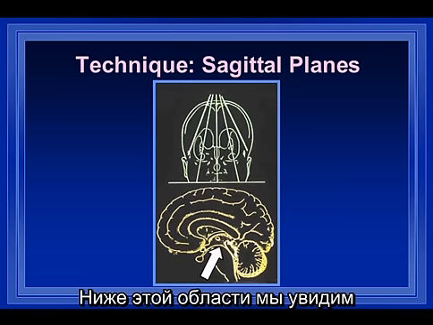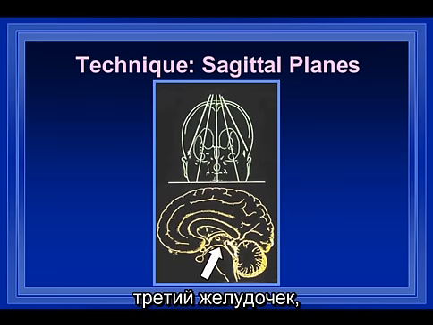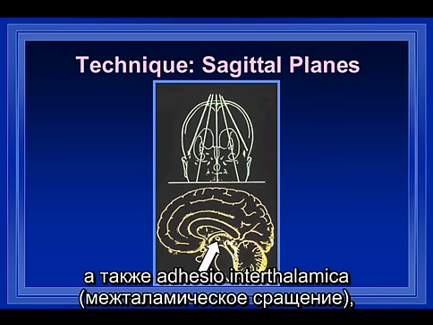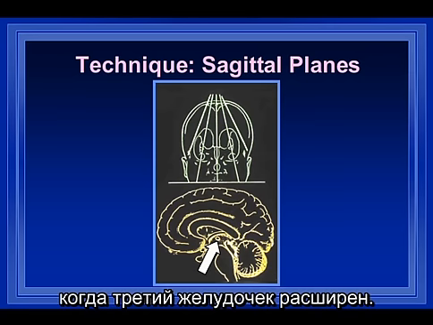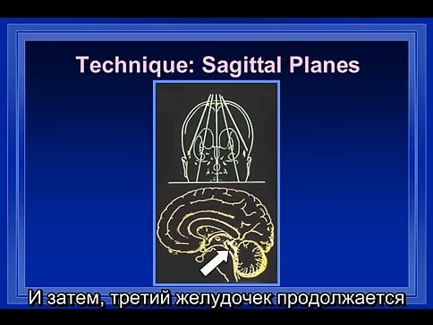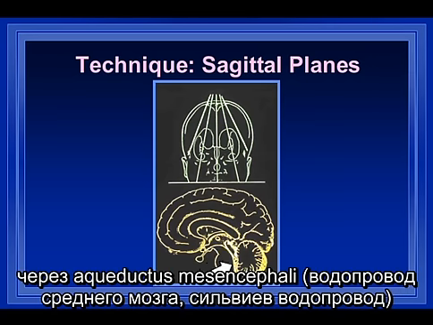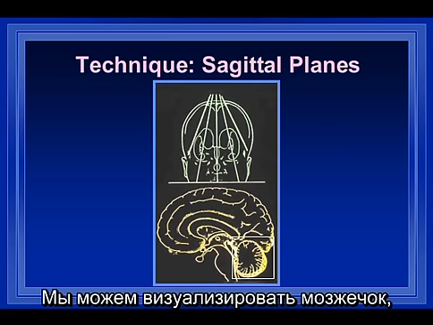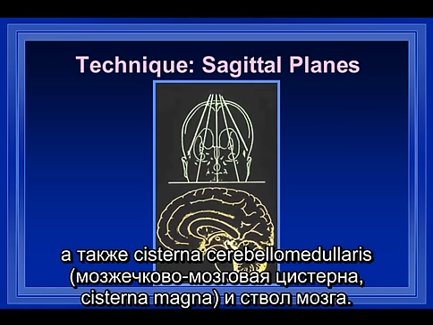Below that area we have the third ventricle. We will see the massa intermedia when that ventricle is enlarged, and then this continues through the aqueduct of Sylvius to the fourth ventricle. We'll visualize the cerebellum and the cisterna magna as well as the brainstem.